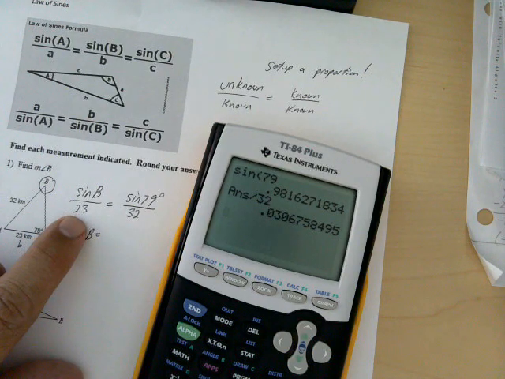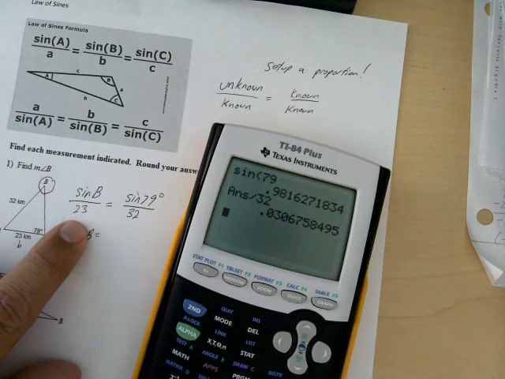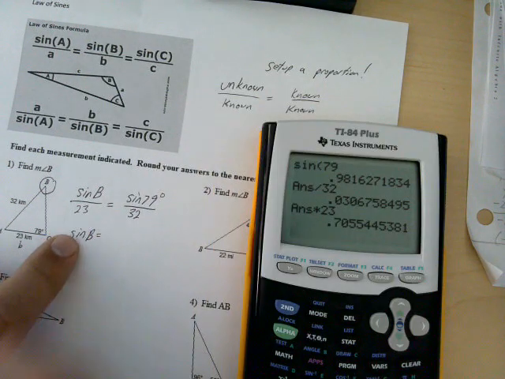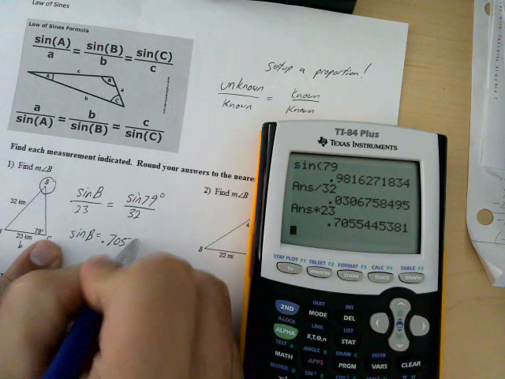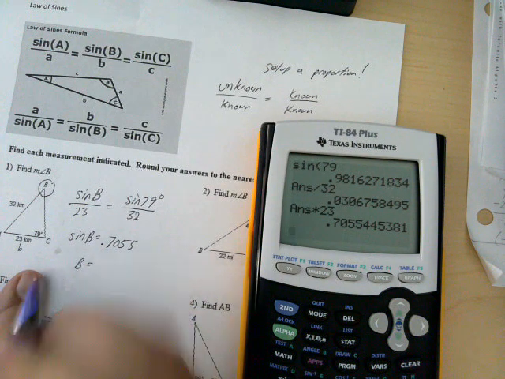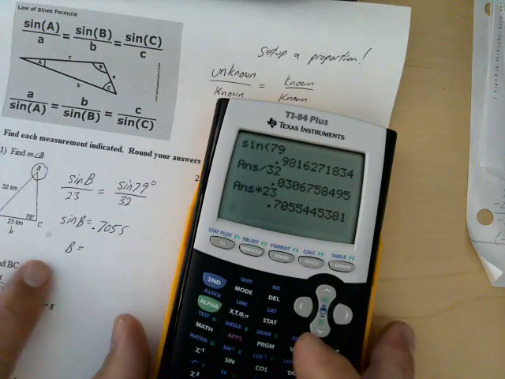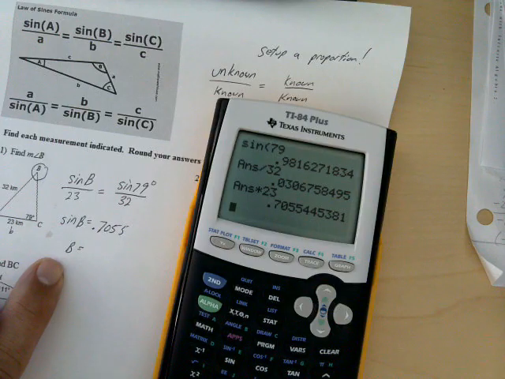Then I'm going to undo this side by multiplying. I'm undoing division by multiplying by 23. Now I'm going to write this number down. You don't have to write it down, but it's about 0.7055. And we learned a long time ago that if we're finding an angle using trig, we hit second sine.